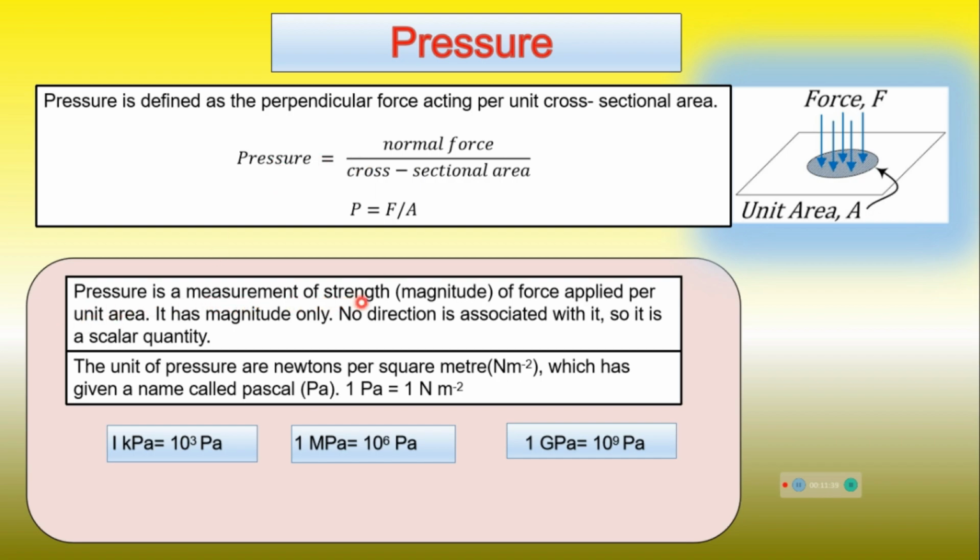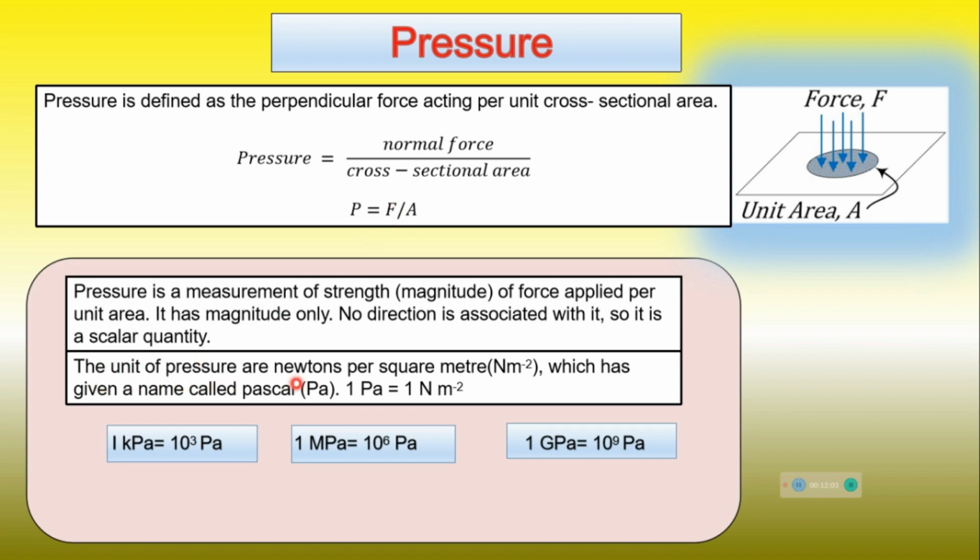Pressure is a measurement of strength, the magnitude of force applied per unit area. It has magnitude only. No direction is associated with it. So pressure is a scalar quantity. Force is a vector quantity. Area is a scalar quantity and pressure is a scalar quantity, because we use only the magnitude of the force.